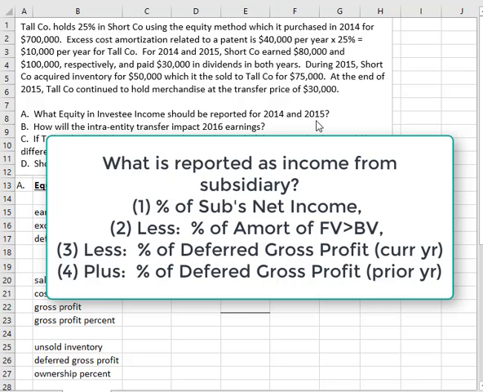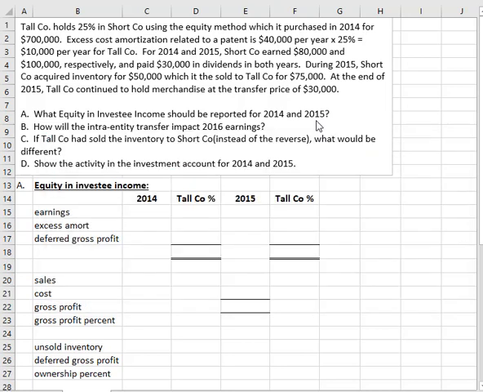And if there's any gross profit tied up in inventory from intercompany sales between the parent and the subsidiary, we remove that as well. And if there was deferred gross profit in a prior year that's turning around, we would add that back. Now, what about dividends? Dividends reduce the investment account using the equity method, but they are not recorded as dividend income as they might if you weren't using the equity method.